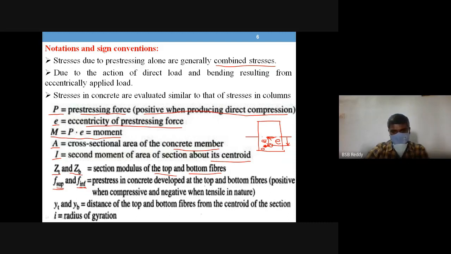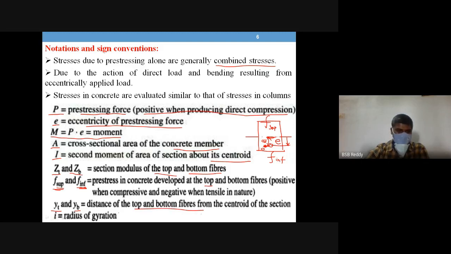So the stresses at the top and bottom: F_sup is the stress at top, and F_inf is the stress at bottom. The stresses at extreme fibers need to be found out. Y_T and Y_B are the distances of the centroid from the top and bottom fibers.